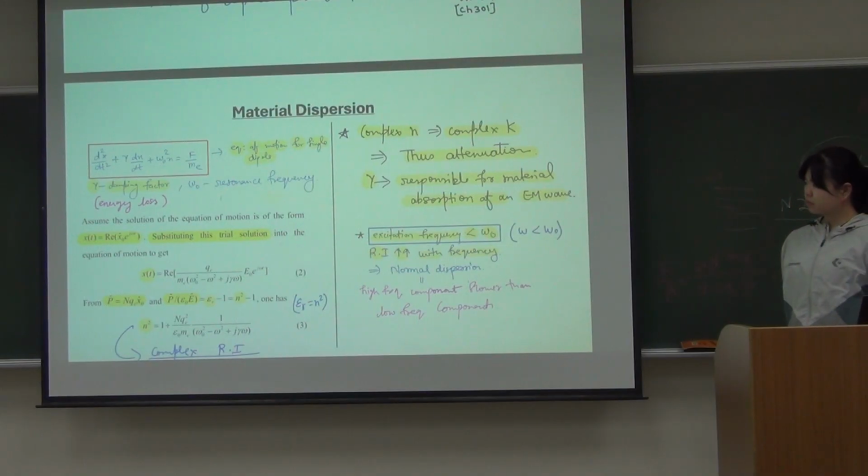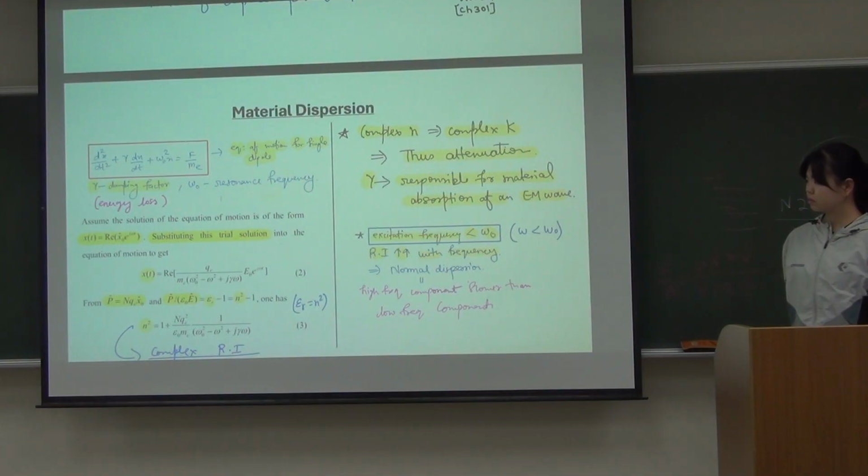So this means that this k, if I write down exponential of j k r, is going to be a function of frequency. Exponential of j k r is a function of frequency, right?